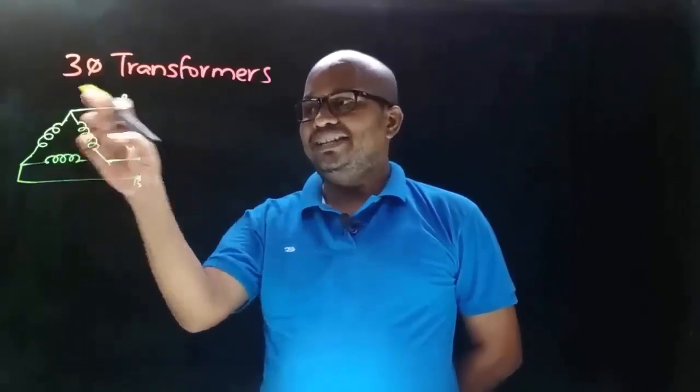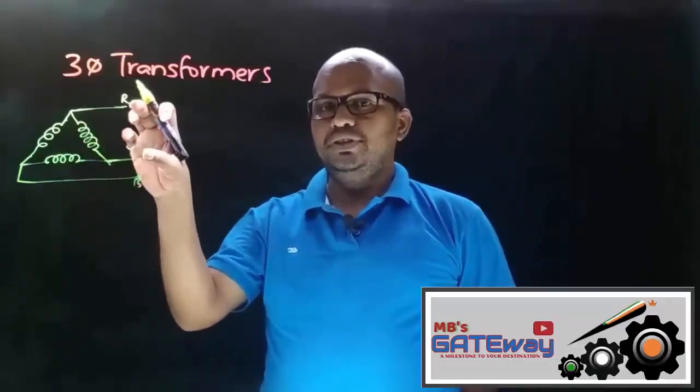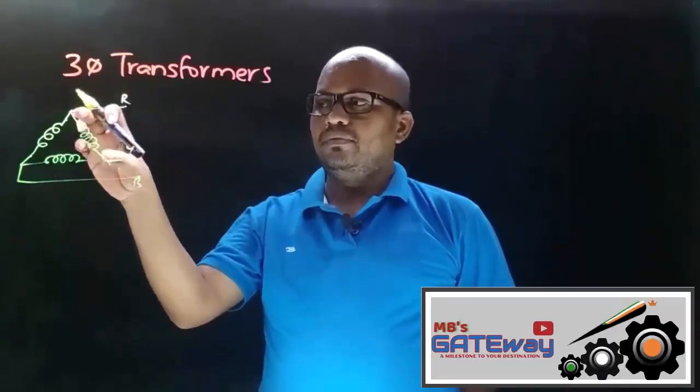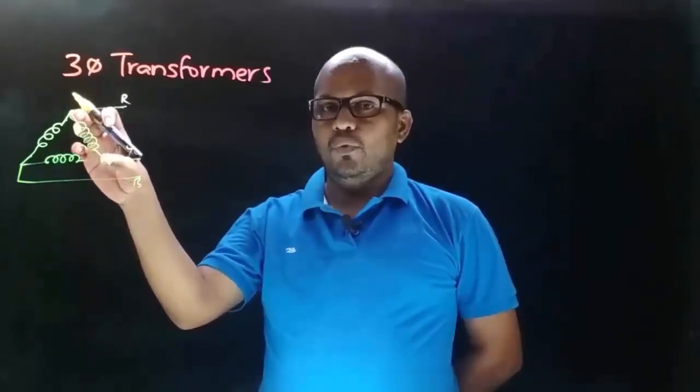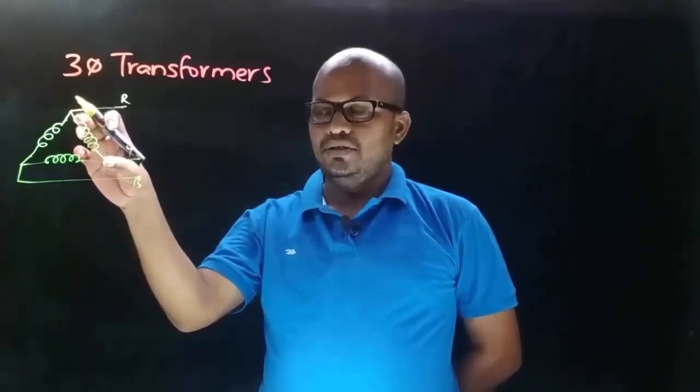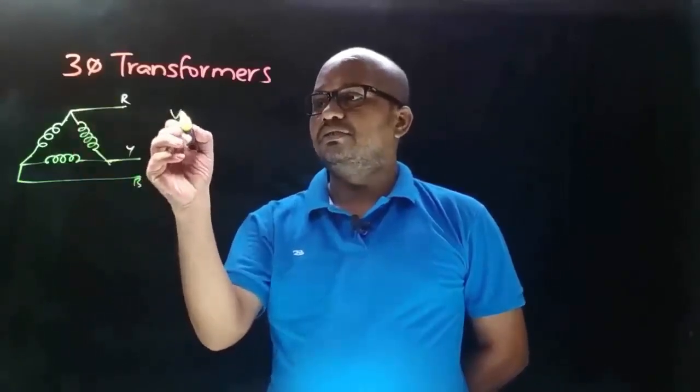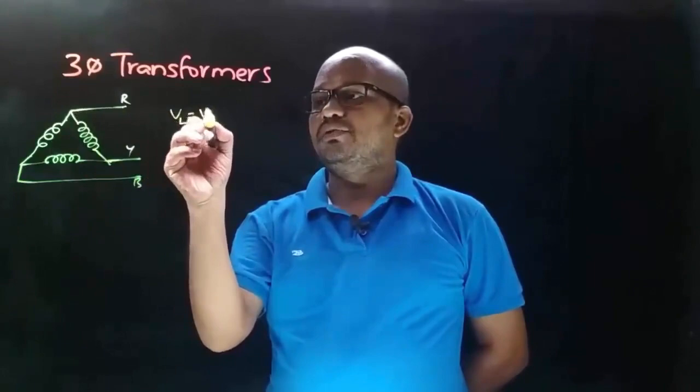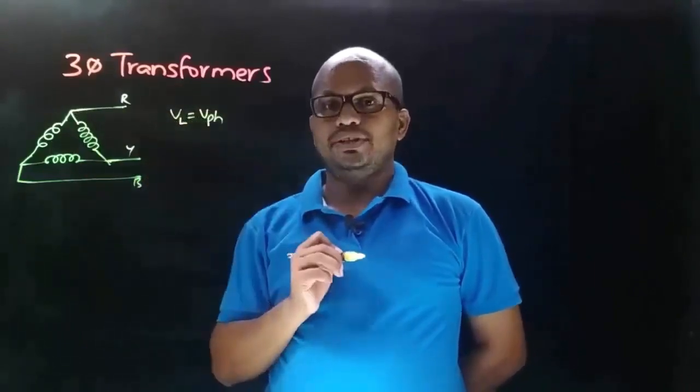If you observe in delta connection, the voltage taken between these two terminals is the same as the voltage applied across this winding. This means in delta connection, line voltage is equal to phase voltage.